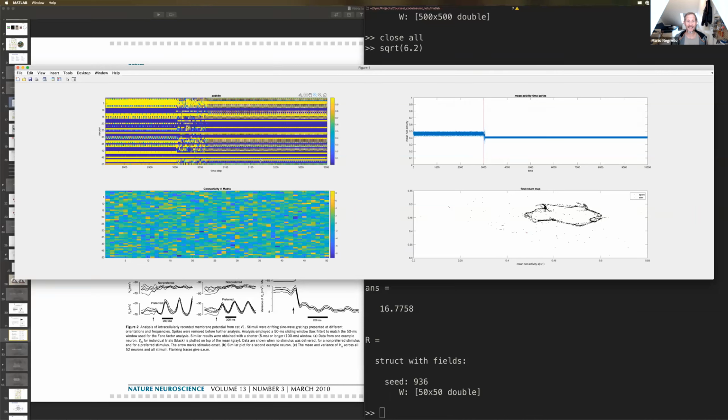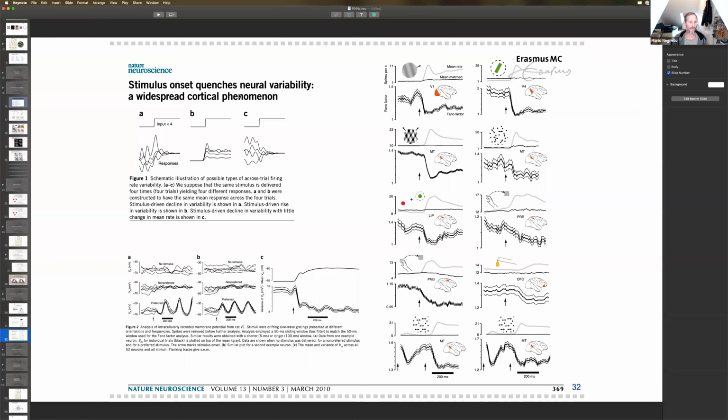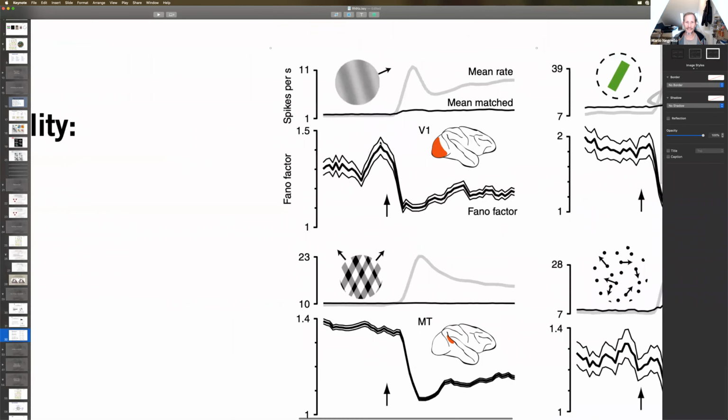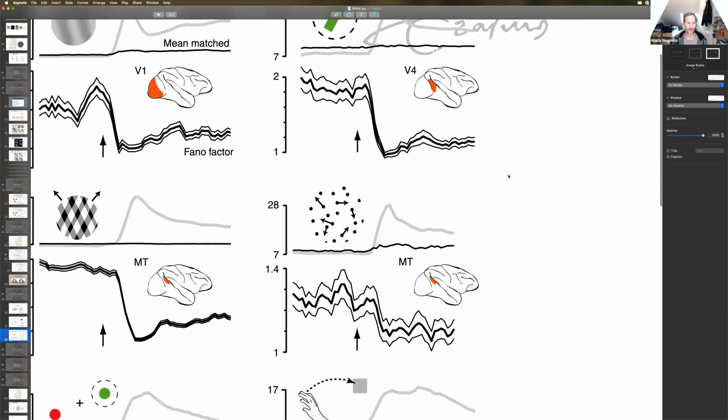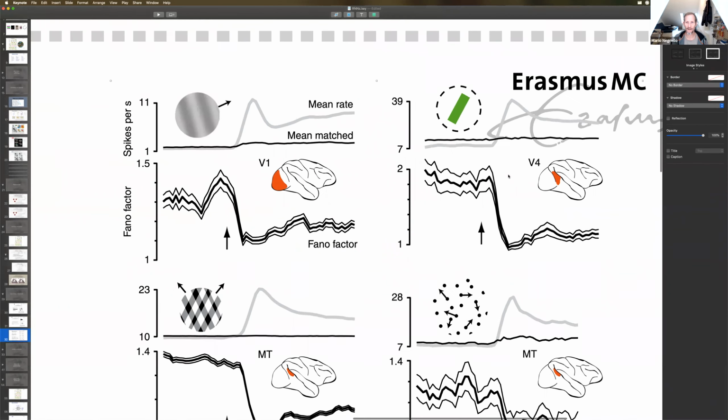That's a transient. The same something weird that happened for a little while when we presented the stimulus in the paper from Churchland. Here you notice that there is, for a little while, an increase of the variability when you present the stimulus, though not in all cases.